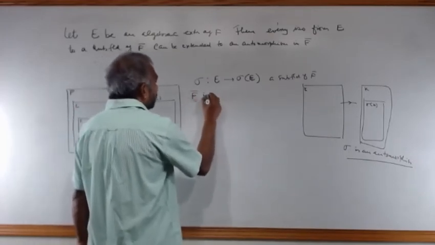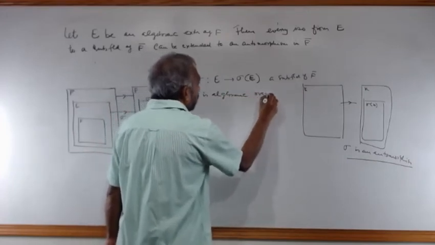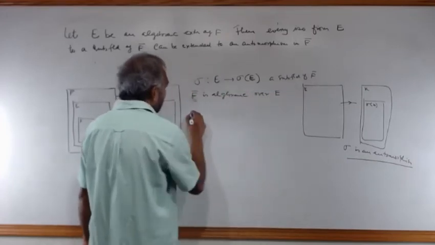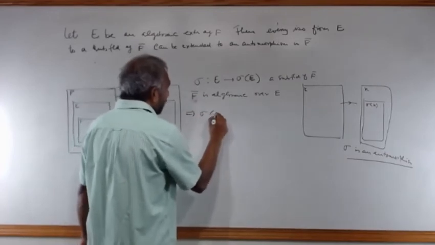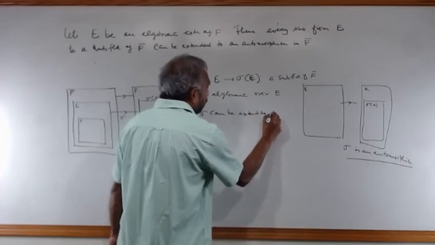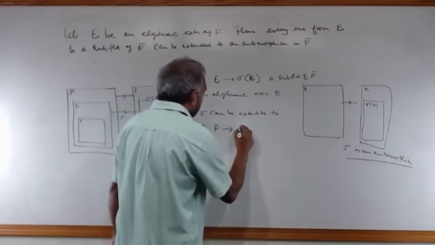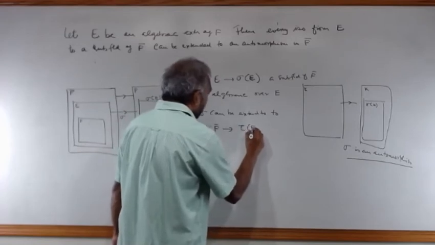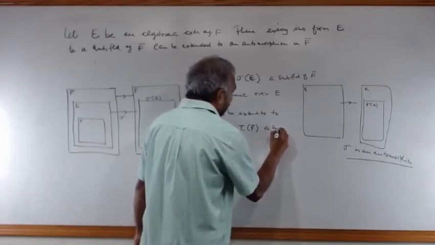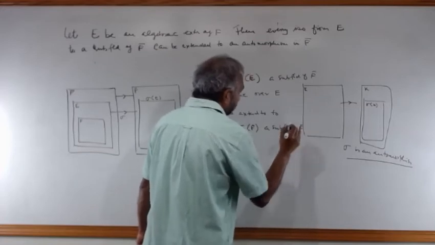F closure is algebraic over E. That implies sigma can be extended to a tau from F closure to tau of F closure, a subfield of F closure.